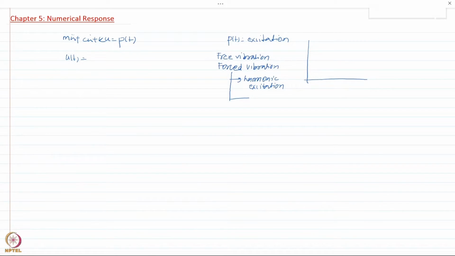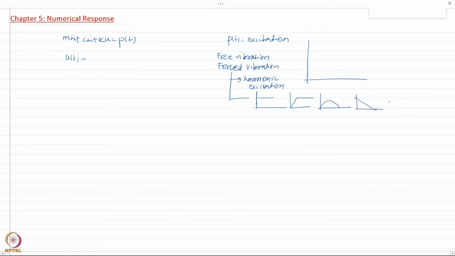After that we also saw how to get the response subject to different kinds of arbitrary excitation, for which we could define the excitation as a function of time. For example, step excitation, ramp, or different kinds of pulse loadings, such as the half sine pulse or the triangular loading.